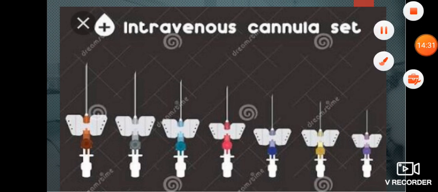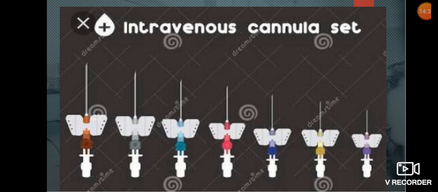Next, cannula types and sizes. We can see different colors: orange, grey, green, pink, blue, yellow, violet.